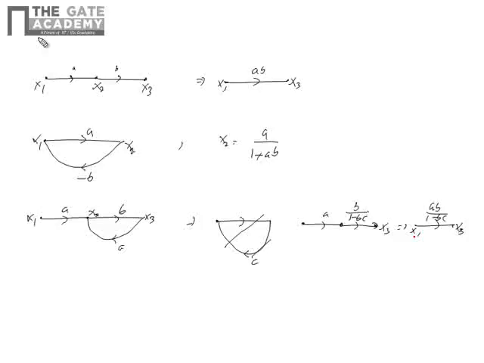Suppose a complicated signal flow graph is given, then we have to use Mason's gain formula.